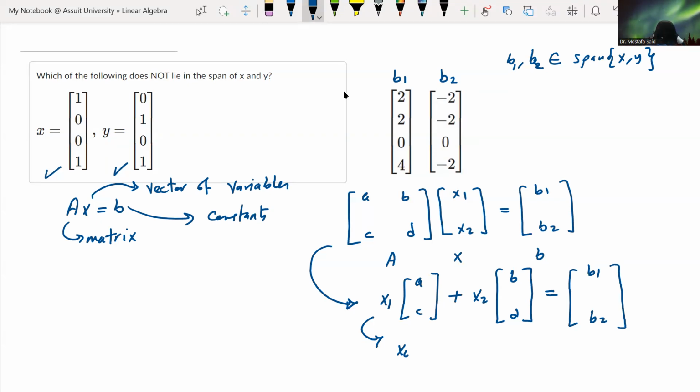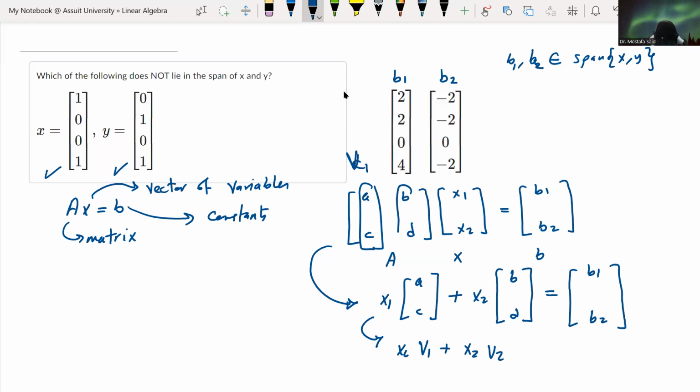Okay, multiplied by the first column of A. Let's call it V, because we usually name vectors V. So let's call it V1, plus X2, which again should be a parameter belonging to R, the real numbers, like 0.1, -1, a million, 10, whatever, multiplied by V2.